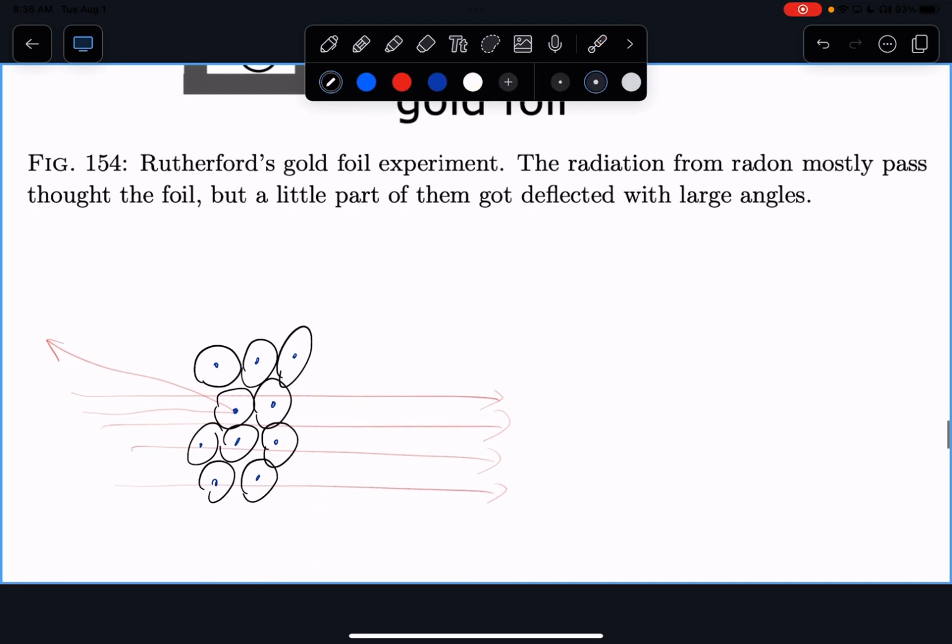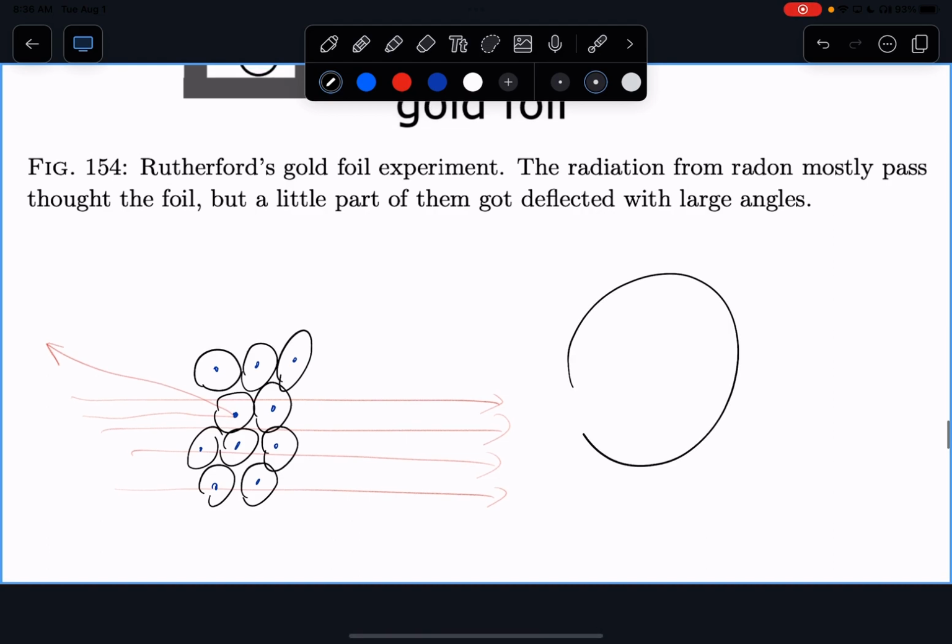So the number is that an atom is 10 to the minus 10 meter, and a core, or we say nucleus, the nucleus of the atom is 10 to the minus 15 meter.